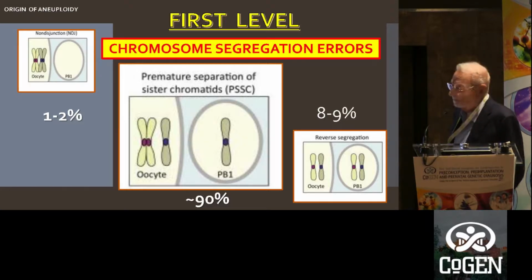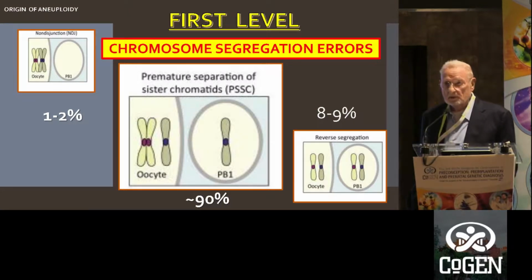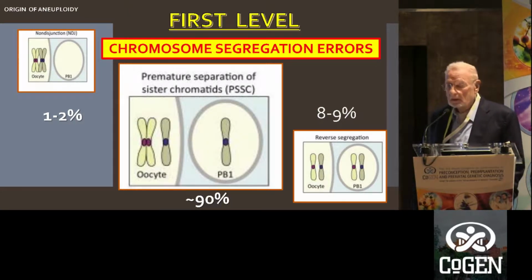The original thinking was that the major sources of aneuploidy were due to nondisjunction, in which the entire chromosome, both chromatids, were either excluded or included in the polar body or the egg. And it turns out that that only constitutes about 1 or 2%.